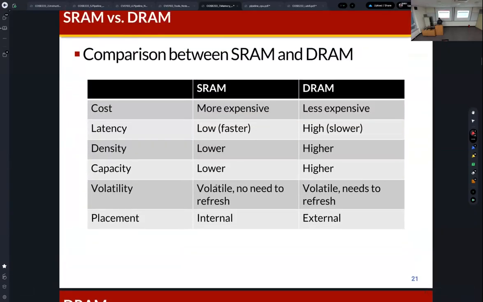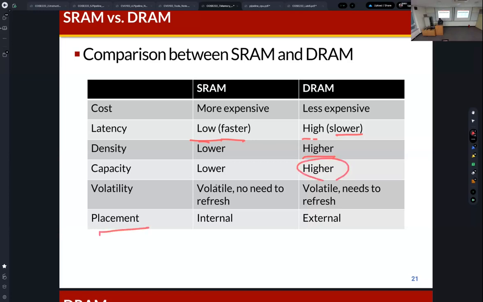So we can compare between SRAM and DRAM. Both are expensive, but DRAM is less expensive, obviously. Then latency: if the latency is low, the memory is faster; if the latency is high, it is slower. Density is higher for DRAM because DRAM uses fewer transistors per cell, which means capacity is high.